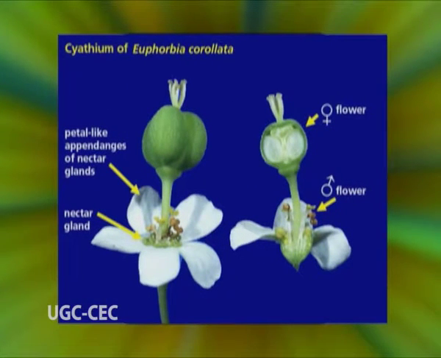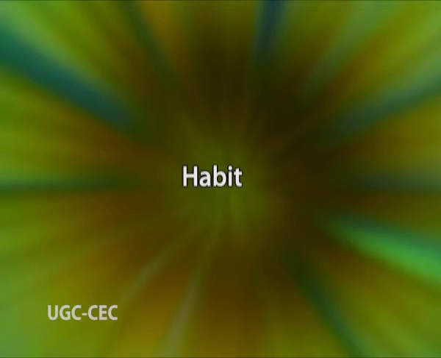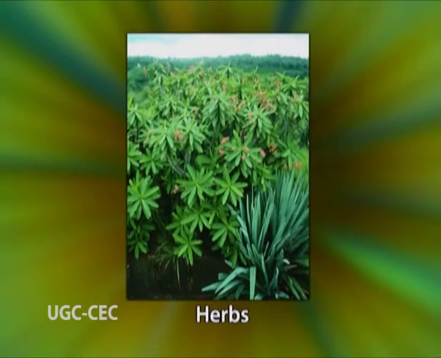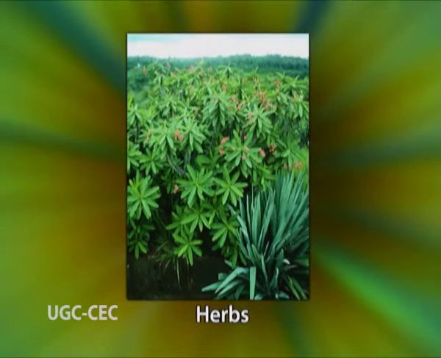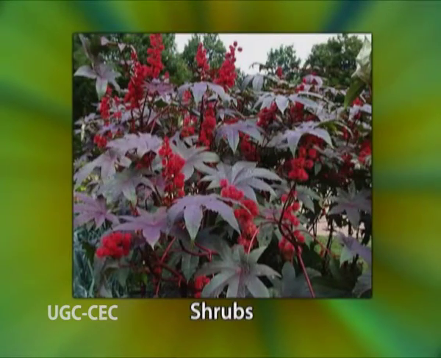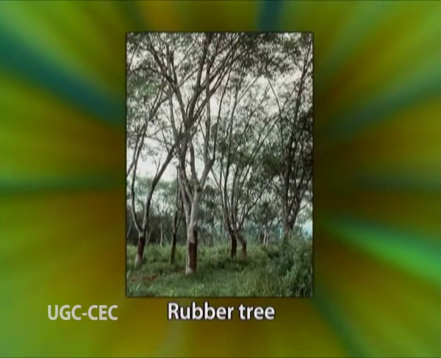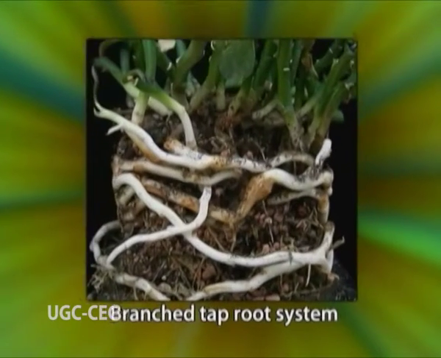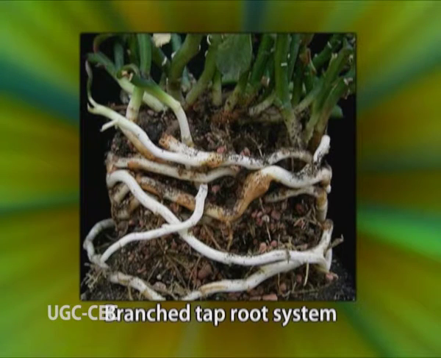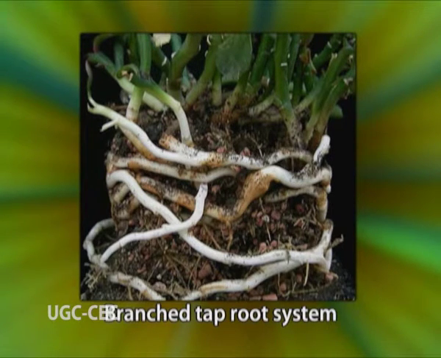with characteristic cyathium inflorescence. Habit: it is usually herbs, example Euphorbia, shrubs, example castor plant, or trees, example rubber tree. Root in this family is usually branched taproot system.